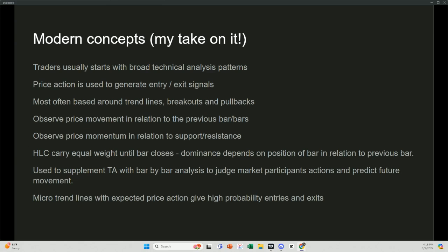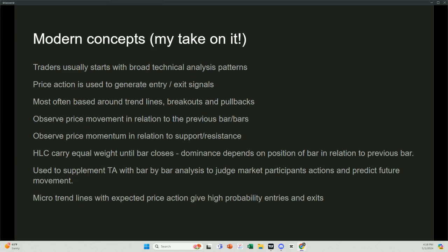Are they driving it lower or are they driving it higher? And where is the new accepted fair price for that stock? Whereas if you're looking at buying a dip or something like that, you may be looking at the highs, or you may well be looking at the closes. But they've all got equal weight while the bar is forming. But once it's closed, then one of them will be the dominant factor in it.